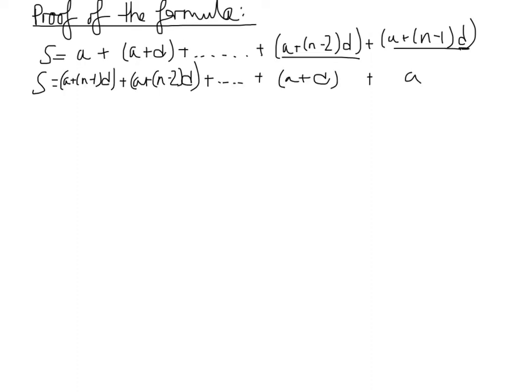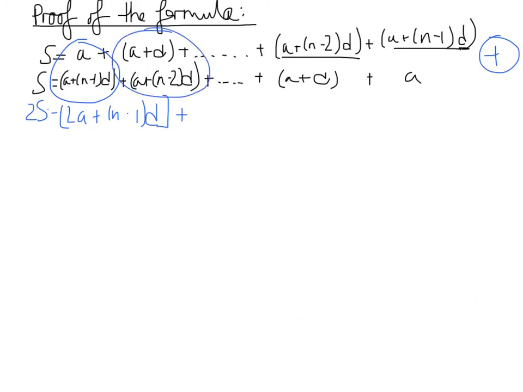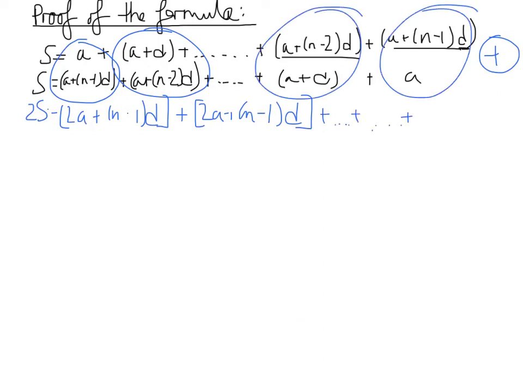S equals, and now all we need to do is add these together, so we'll get 2S. If we add these two together, we get 2a plus (n take 1)d. If we add these two together, we get 2a plus (n take 1)d, and so on. If we add these together, we get the same, just like we did before.